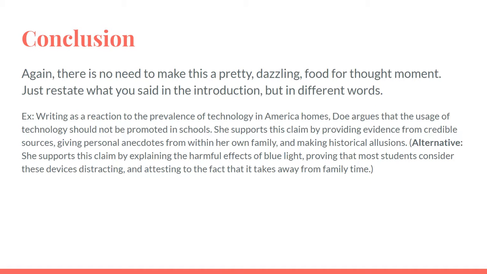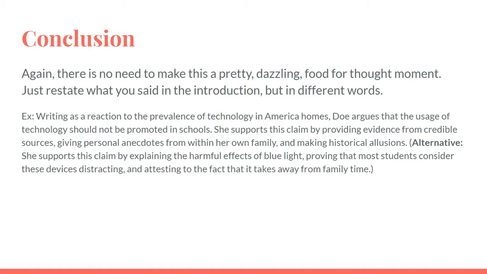And lastly, we have our conclusion. Again, there's no need to make it a big deal because it's just summarizing what we said through all of our body paragraphs and also summarizing what we said in our introduction. So going into it a little bit more, I like to see this entire essay in a little hourglass shape, meaning that the intro and the conclusion need to be really specific, and then the meat of the body paragraph needs to be really specific.